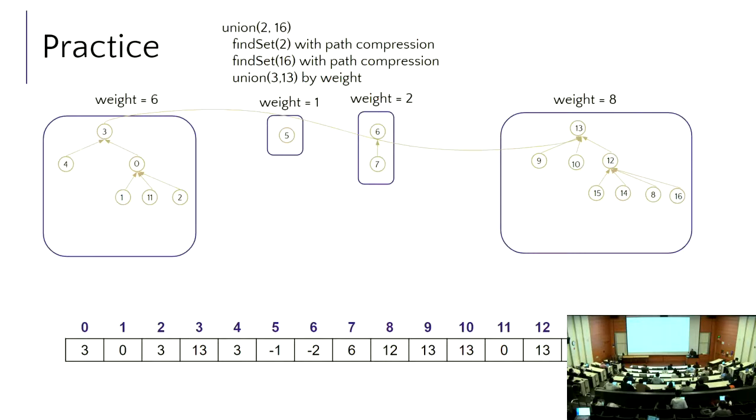If they're not the same, then pick whoever is bigger and make the smaller one point to the bigger one. Because we only call find set twice in the pseudocode, that's where we perform the path compression, just inside the method find set. Any other questions about these examples?